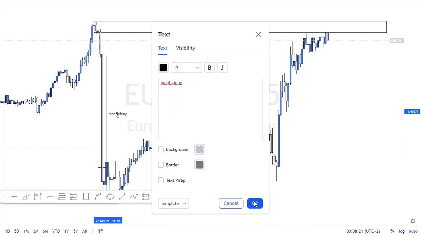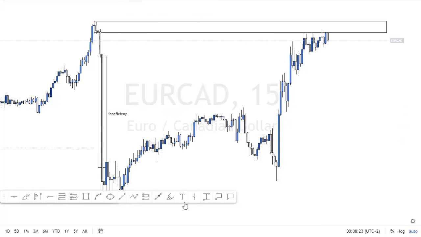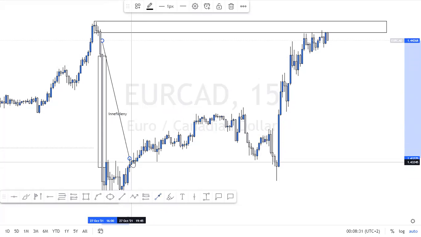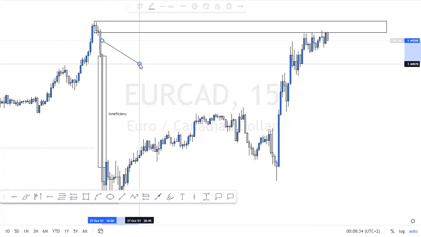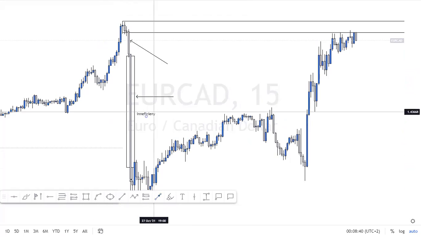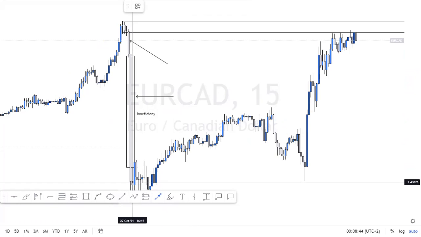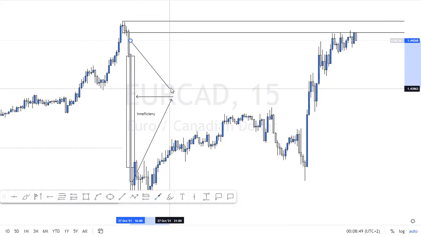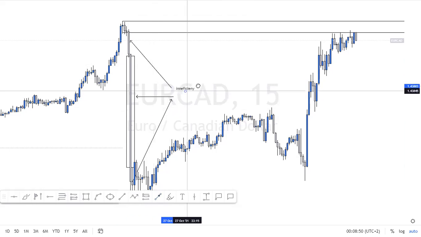Inefficiency is more like this: we have this bearish candlestick, and also this bearish candlestick. All these three of them create an inefficiency in price action.